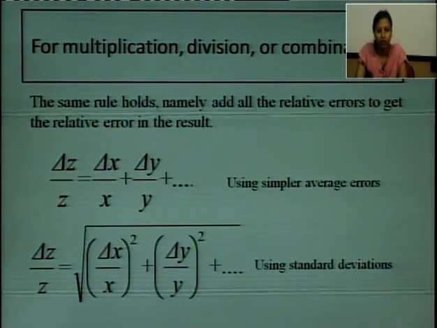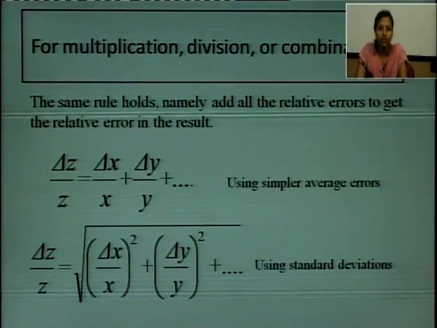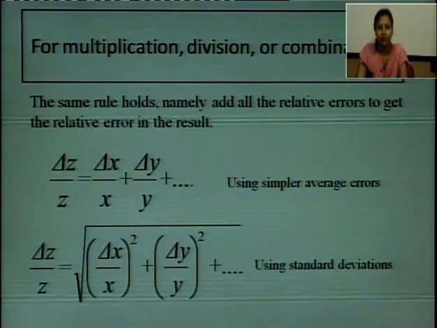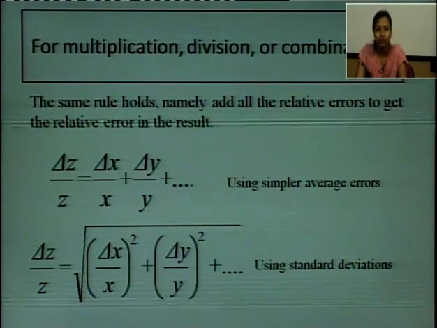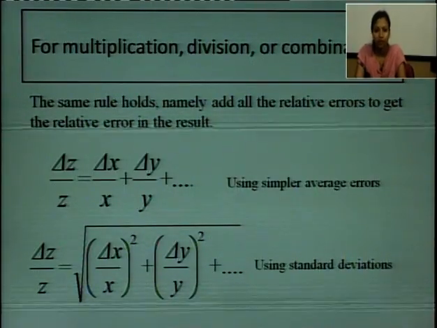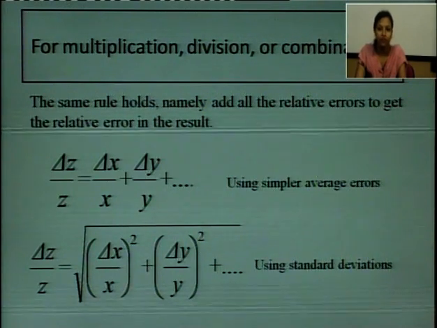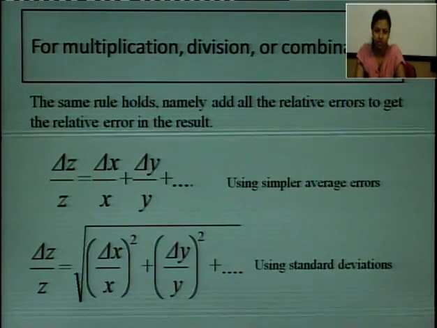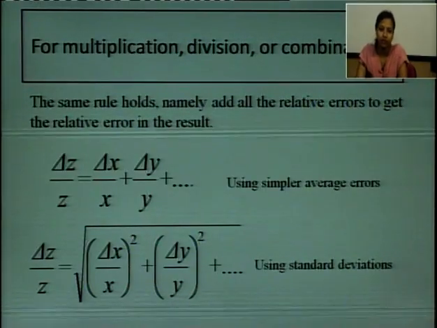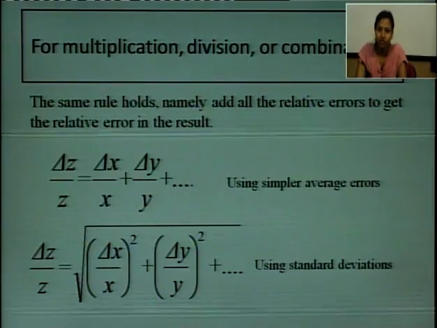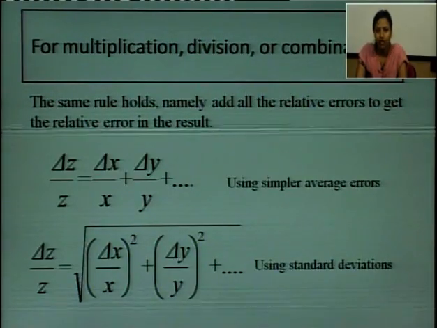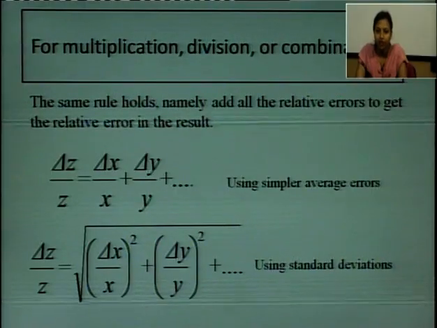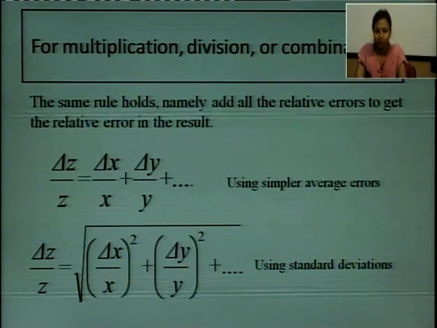Next, the same rule holds here. If we are taking the simple average error, then delta Z upon Z is equal to delta X upon X plus delta Y upon Y and so on. But if instead of average error we are using the standard deviation, and the physical quantities X and Y are not correlated with each other, then we can easily find out the standard deviation.